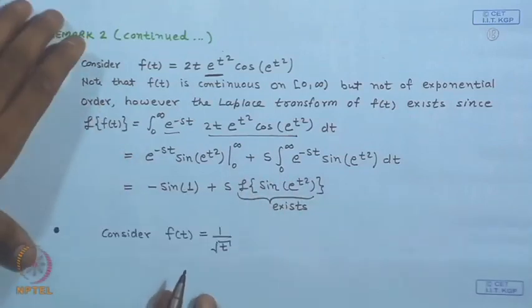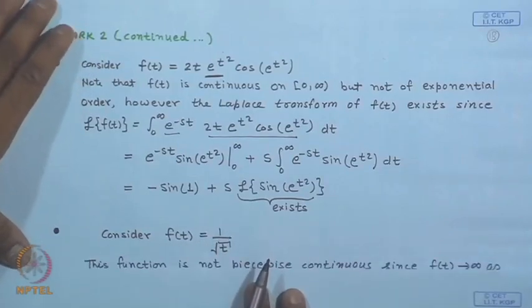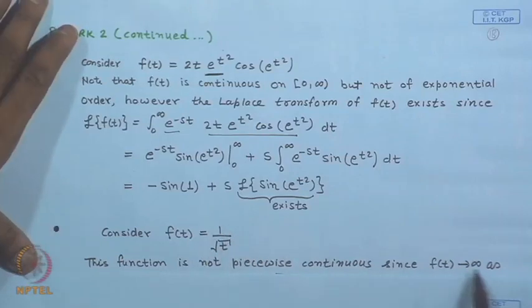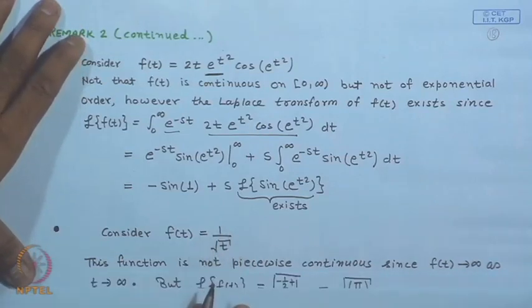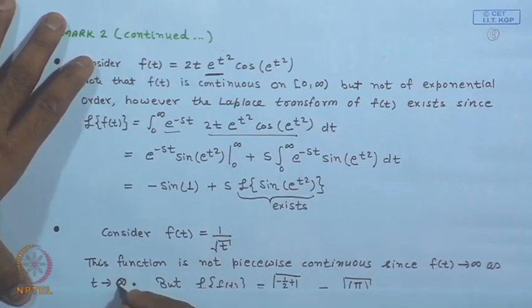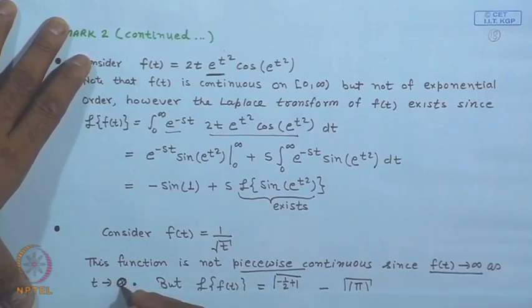Let us take another example, f t is 1 over square root t. This function is not piecewise continuous, because f t approaches infinity as t approaches 0.